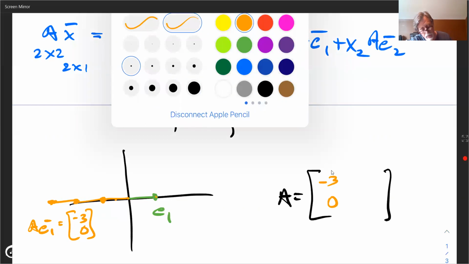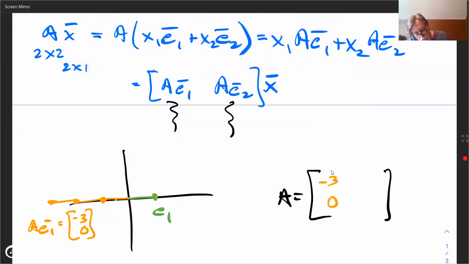And now another color. What happens to this guy? Okay, I shouldn't have done that color. Oh well, I'm going to stick with it. This is E2, which is 0, 1. Well, he gets reflected across the x-axis. Guess what? He doesn't move at all.